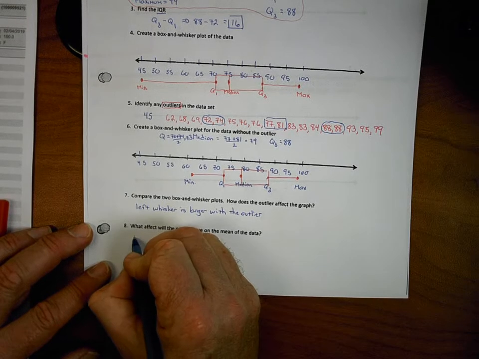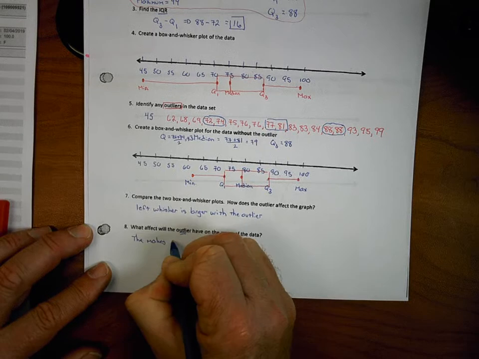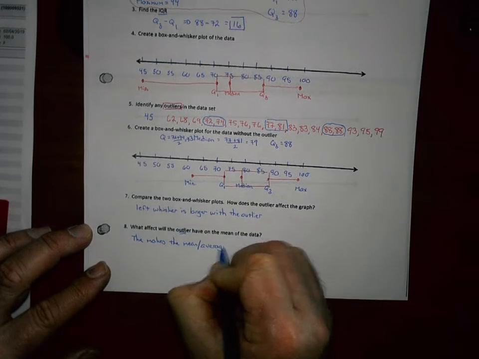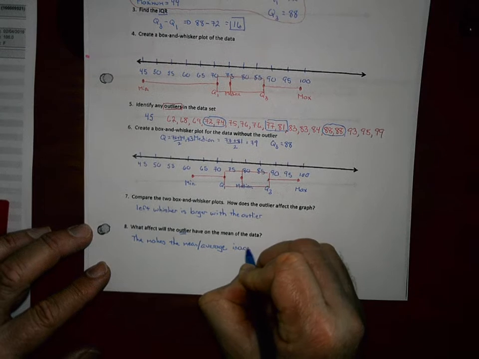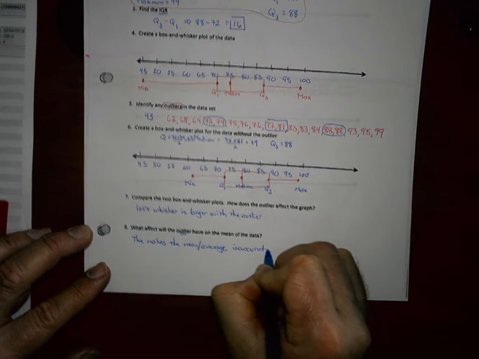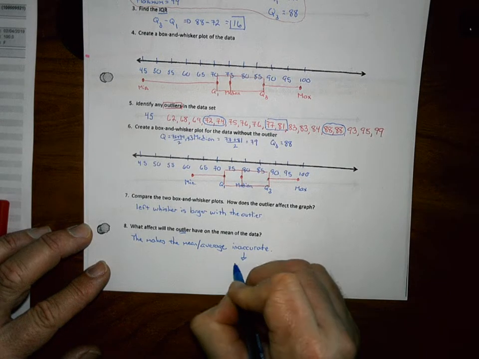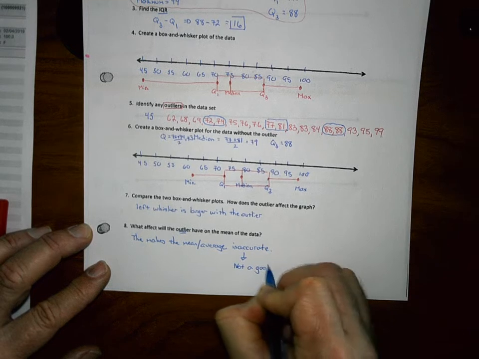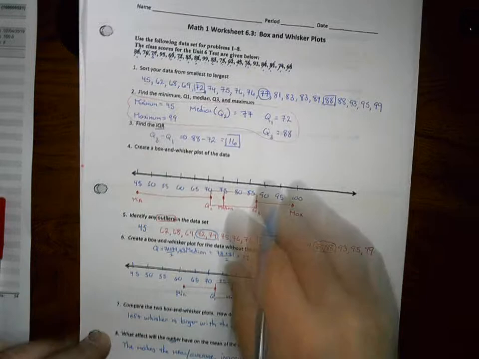So we'll say it makes the mean slash average inaccurate, because that's what mean is. Okay, it does not give us a good reading. So by inaccurate, I guess it means not a good idea of what the average actually is. Okay, so that would be numbers 1 through 8.